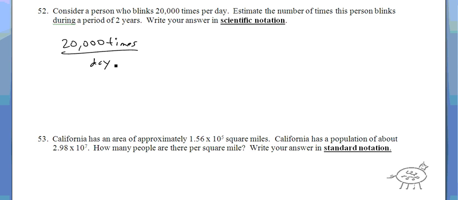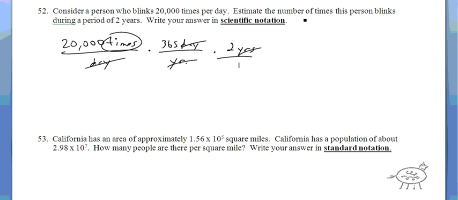And how many times do they blink in 2 years? Well, aren't there 365 days per year? So that cancels those units out. So we really have 20,000 times 365 per year, and then it's times 2 years, and then the years cancel out. So the only thing you have left is times, which is exactly what we're looking for. Estimate the number of times.